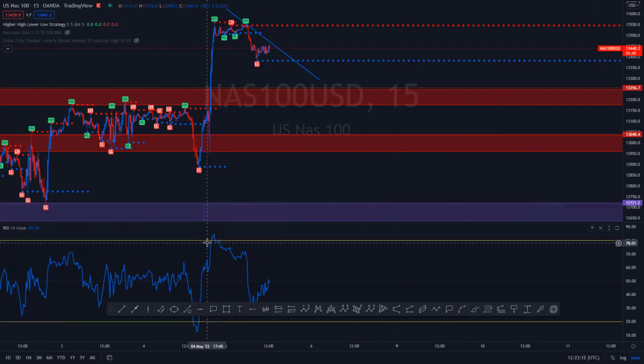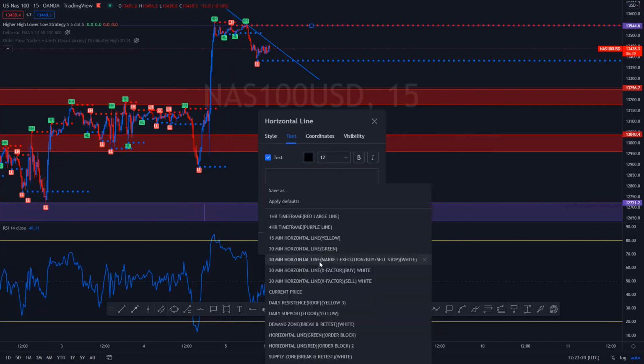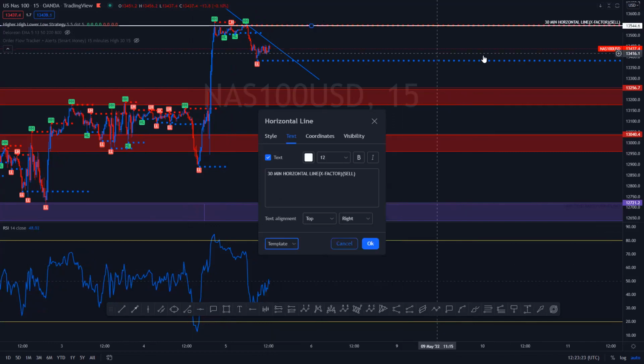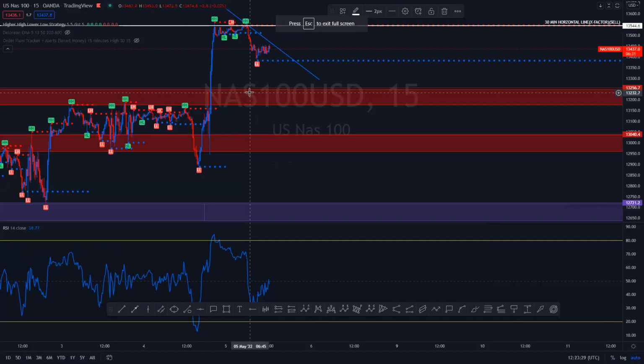And what I like to do is create my X factor lines, because one of the things I do when price at the 930 bell is I want to determine which way price is going to break out. That's going to help me to determine whether price is going to either go into a bullish or a bearish trend. All right.